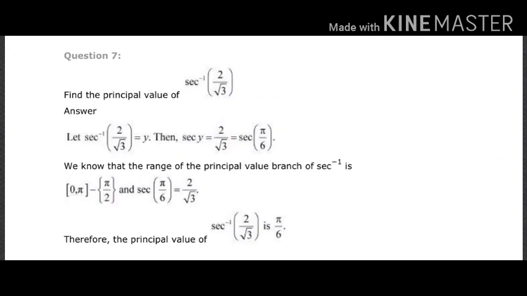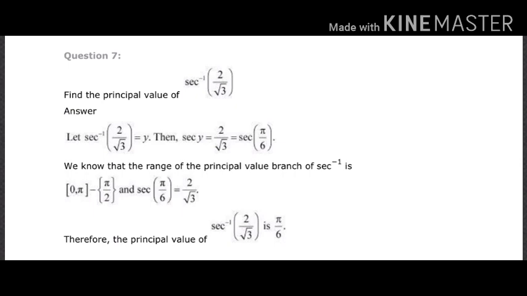Now question number 7. Find the principal value of sec inverse 2 by root 3. We'll assume again the question as y, then sec y will be equal to 2 by root 3, and 2 by root 3 in sec term is sec pi by 6.